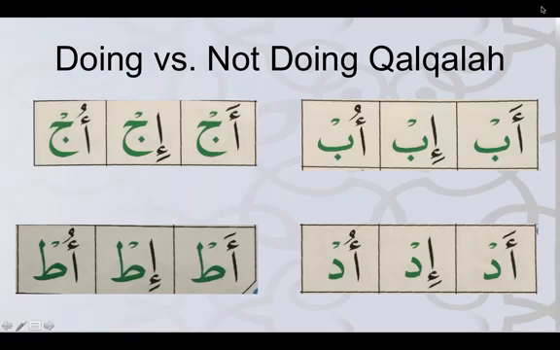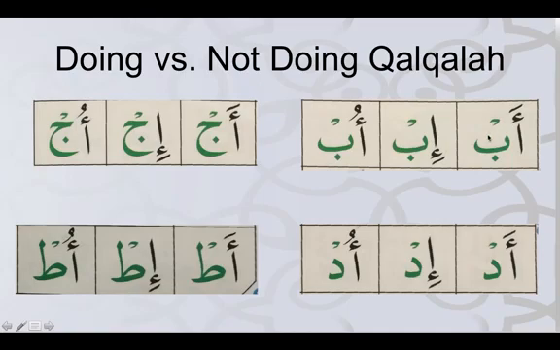One more time. Hamza fatha ba sukoon, ab. That ba has a slight echo. What is meant by the echo? That b, ab, ab. Hamza fatha ba sukoon, ab. That echo is what's called the qalqalah.